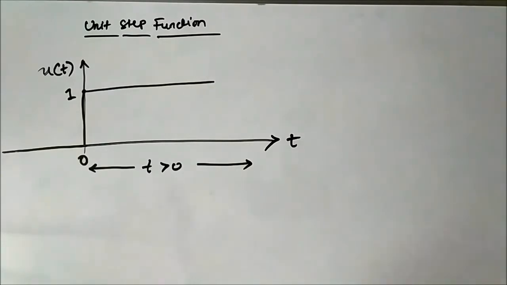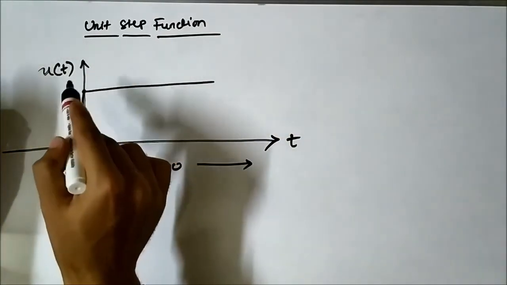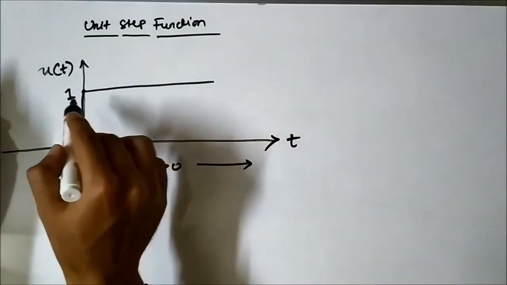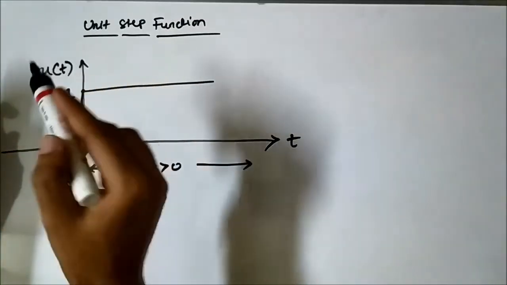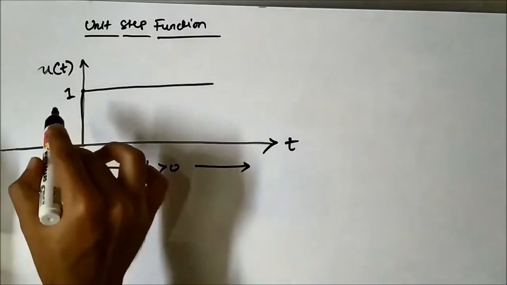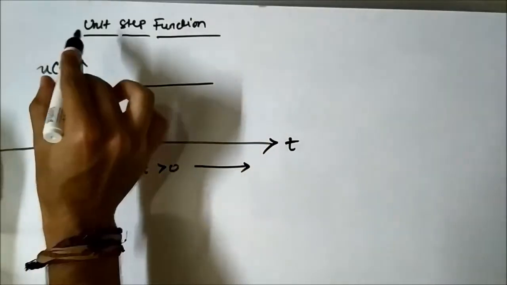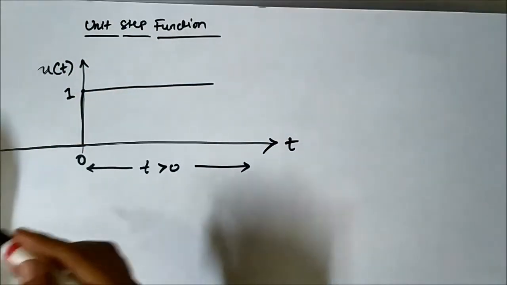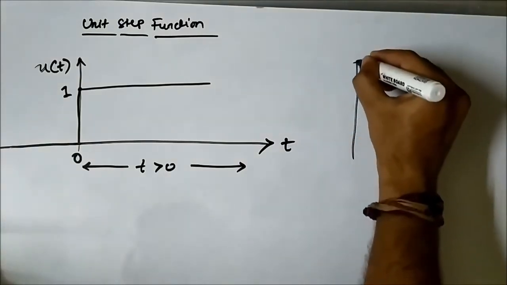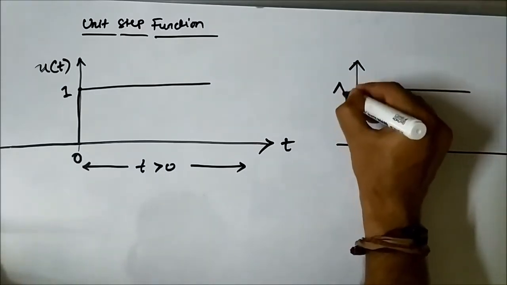Now if the magnitude of this function is not equal to unity but any other value, let's say a, it has a constant magnitude but its value is other than 1, then it is only called a step function. As here the constant magnitude value is equal to 1, that's why it is called the unit step function. Let's say we have another signal with value a.